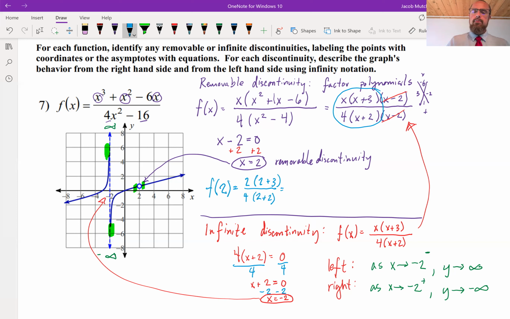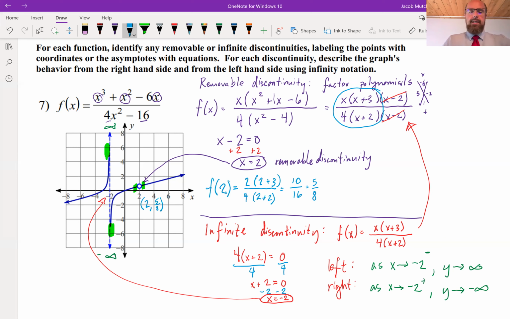So 2 times 5 is 10, over 4 times 2 plus 2, which is 4. 4 times 4 is 16. If I reduce that down by dividing 2 out of the 10 and the 16, we get 5 over 8. So although that coordinate has a gap there, if it didn't, it would be the point 2 comma 5 over 8.